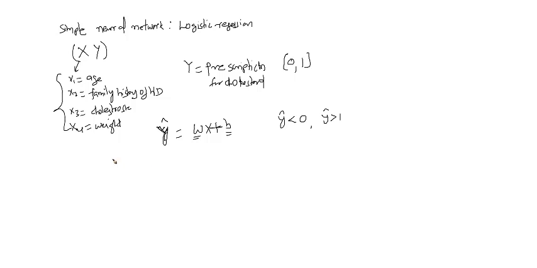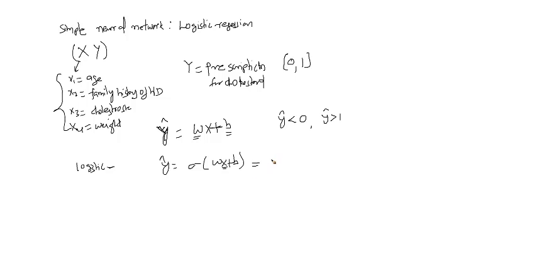So often in logistic regression, this output is passed through a logistic function. So y hat is passed through the logistic function with weights w on x plus some bias parameter.